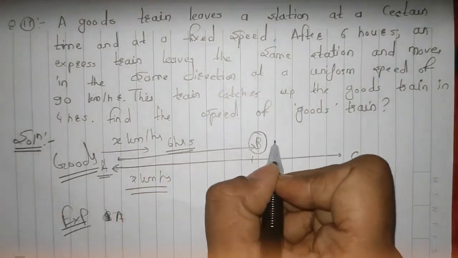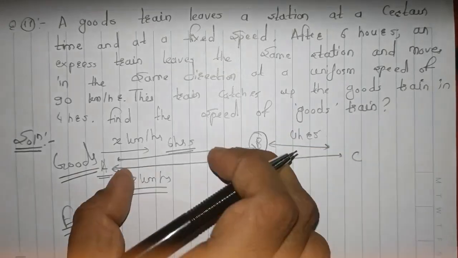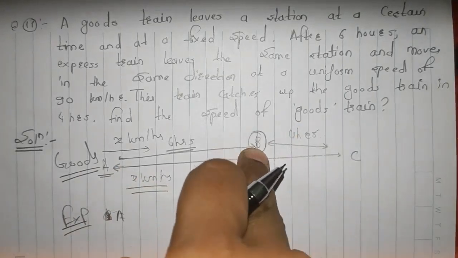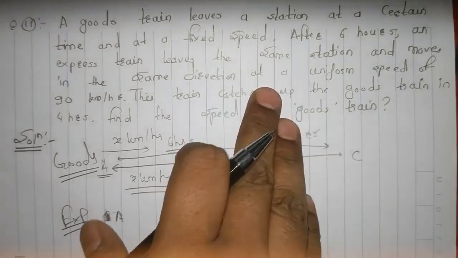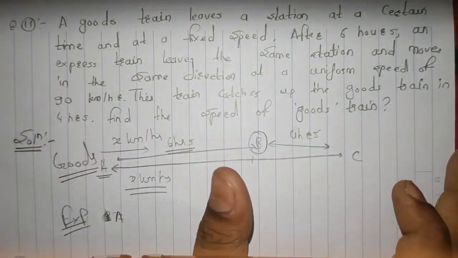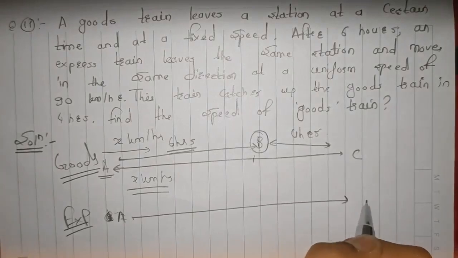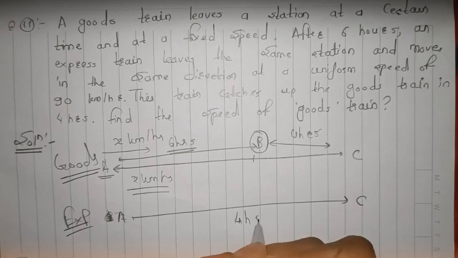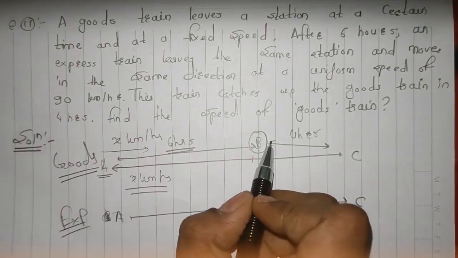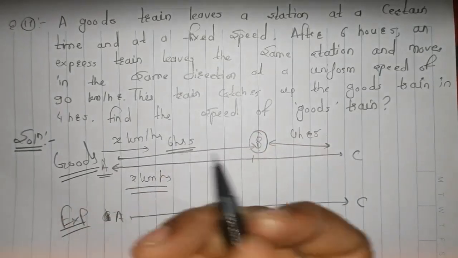So the express train has covered the entire distance up to C in 4 hours, am I correct? And the goods train has reached C from B in 4 hours, because of course the goods train speed is lesser.